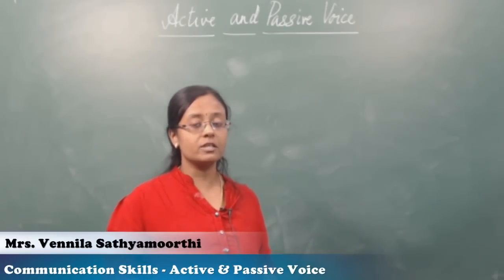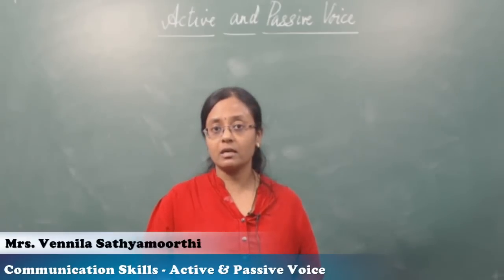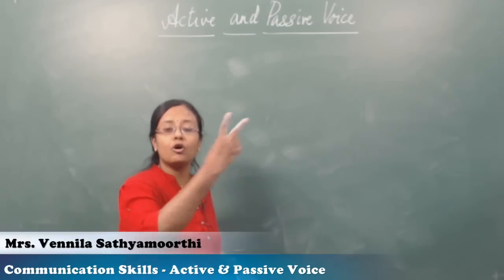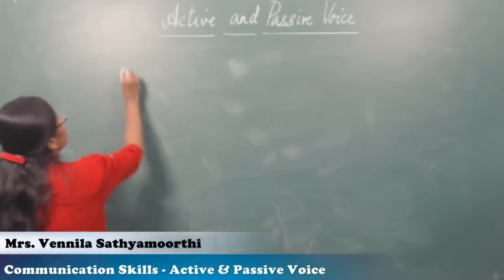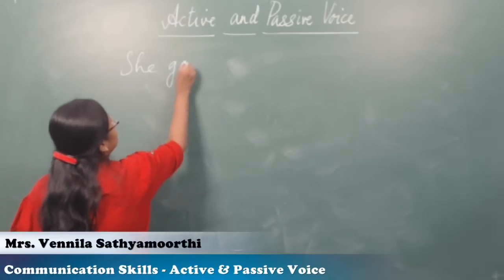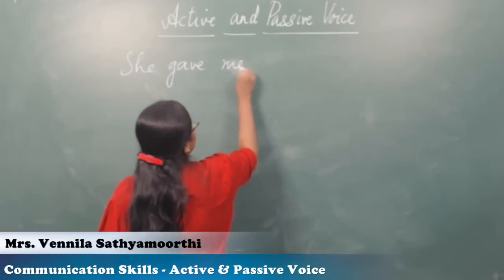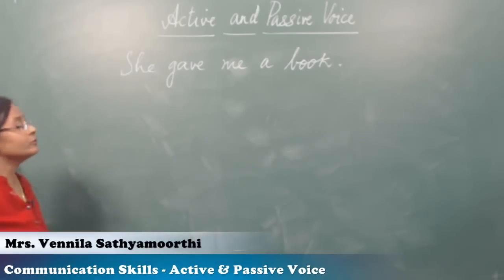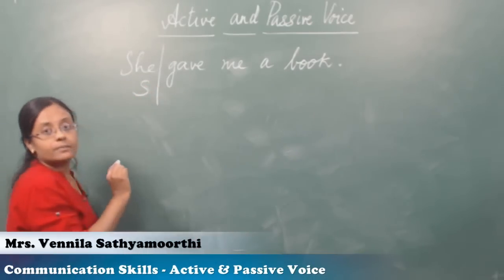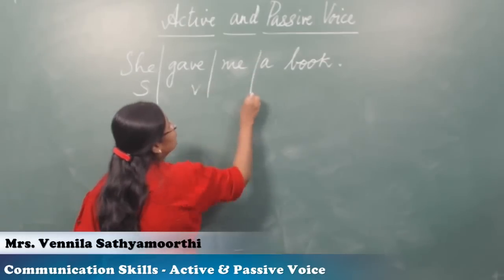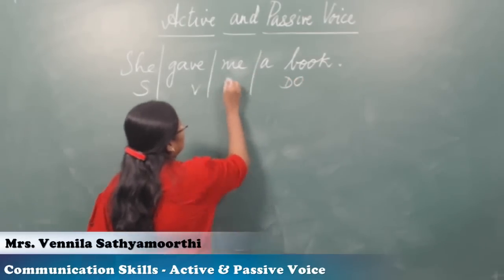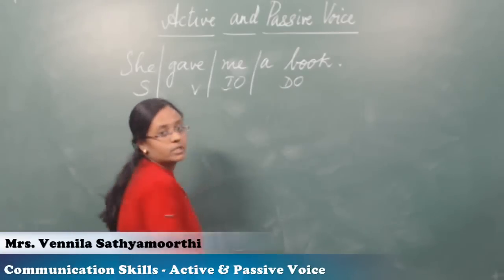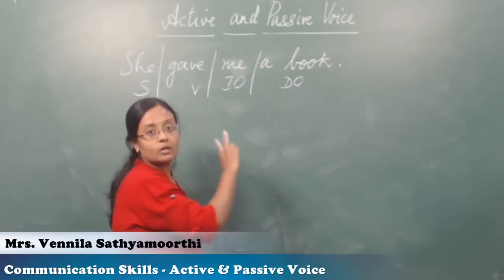So only transitive verbs can be written in the passive voice. So what are transitive verbs? Those verbs which take objects after them. Now there are some verbs which take two objects after them, like "She gave me a book." Now listen carefully here. Subject, verb, and there are two objects. This is the direct object, and how to find out the direct object when there are two objects?